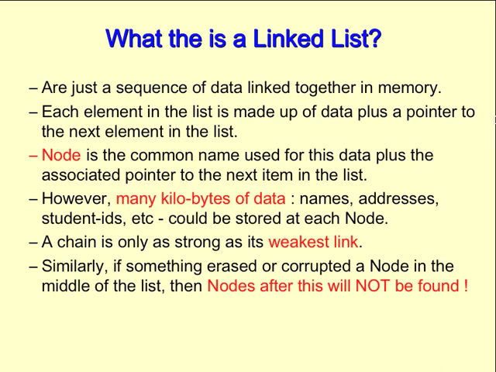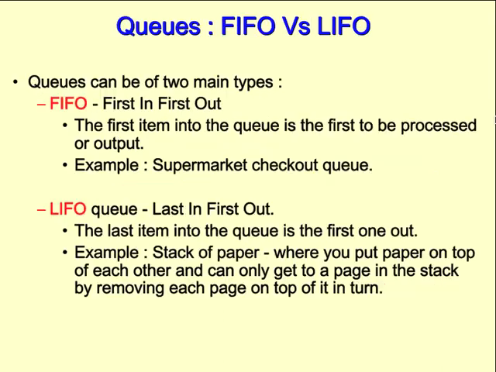Simply, if something is erased or corrupted in the middle of the list, the nodes are going to be lost. So let's talk about a couple different types of lists. We have first in, first out, and last in, first out. We're looking at stacks and queues. If you can remember what a stack is like, just imagine plates.